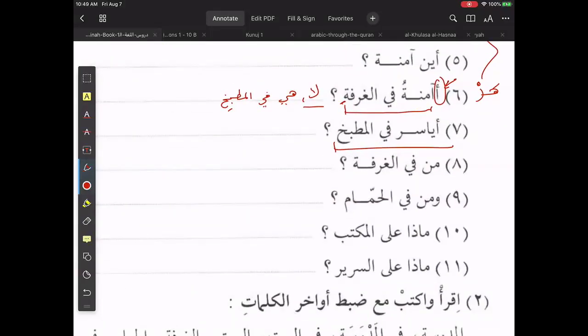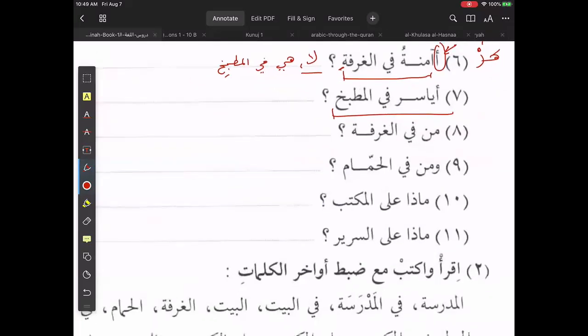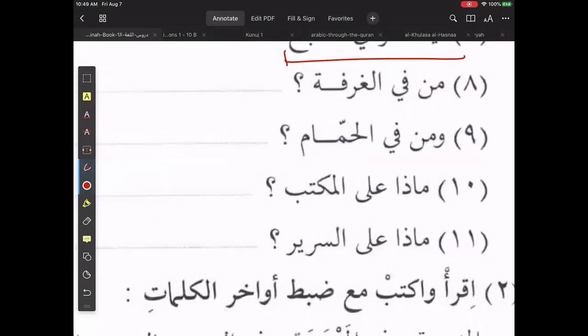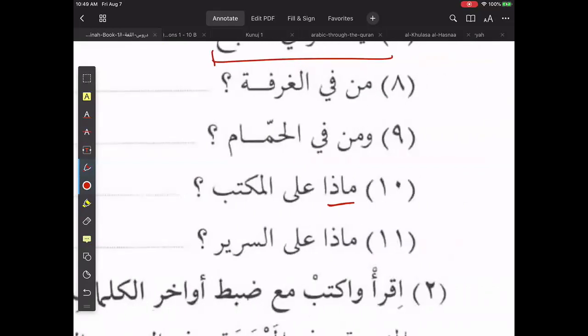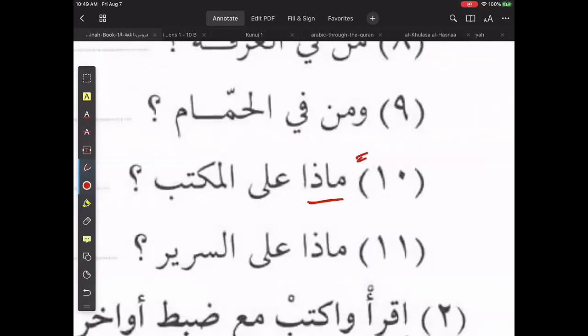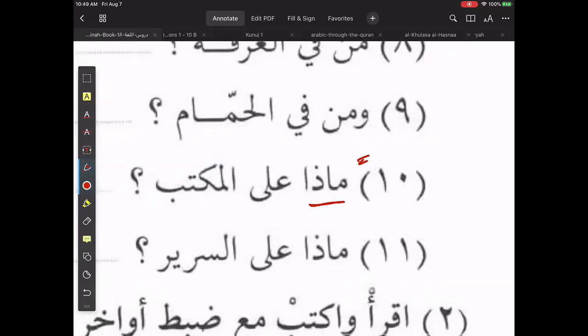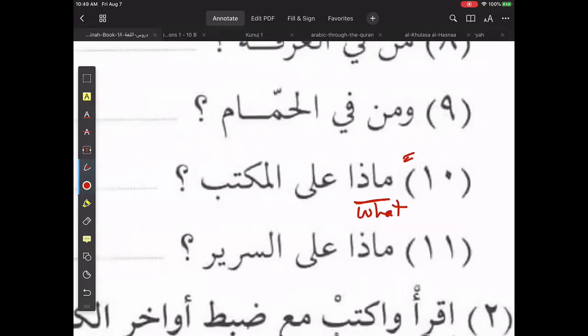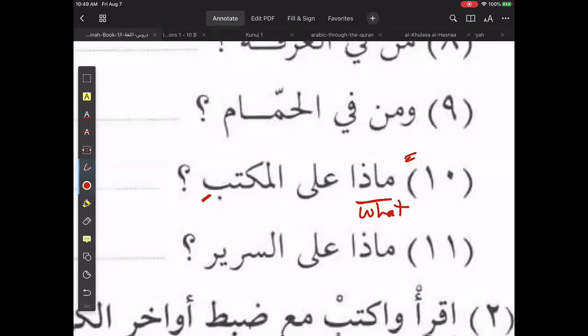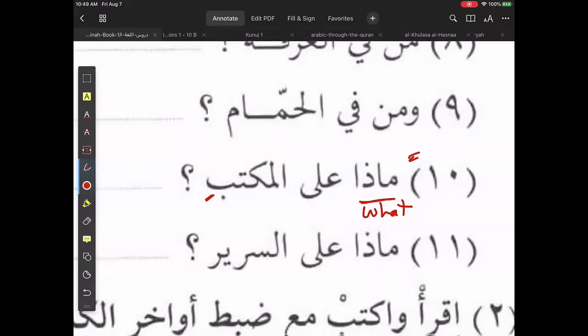Okay, here's another one, maybe mada. Mada is the same thing as ma, but you say mada. Just translate it as what. Mada ala al maktab. It's asking what is on the desk.